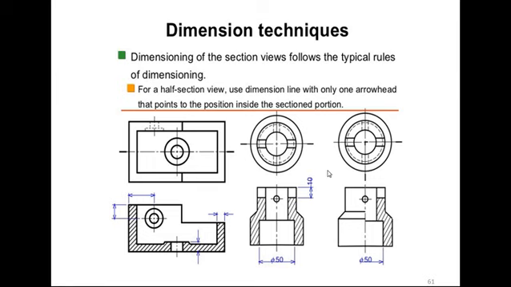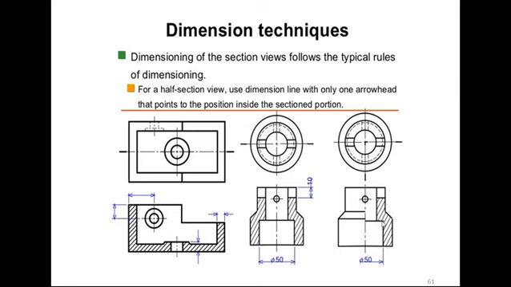Then next, for the half section view, what do we have to do? In the half section view we have shown the section only halfway. So here, whatever dimension we are going to show must be in the half area.